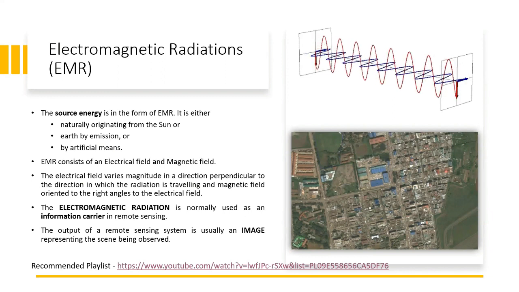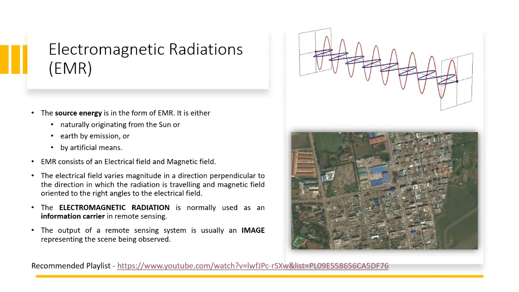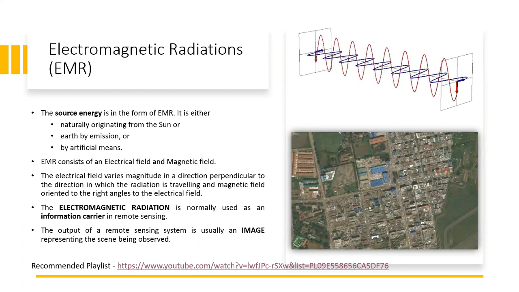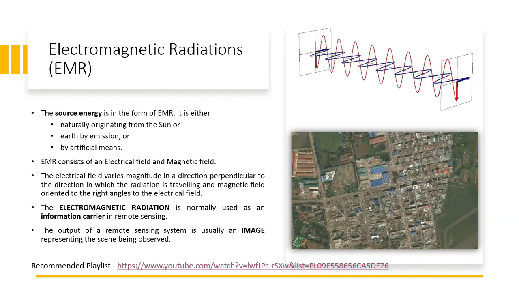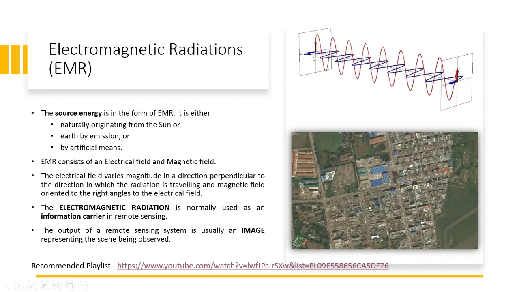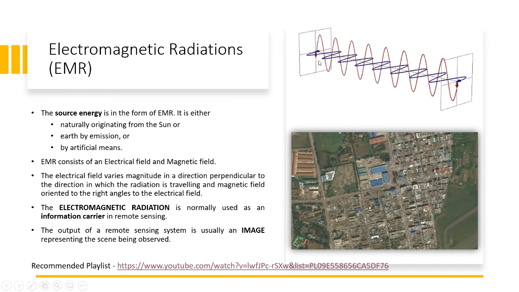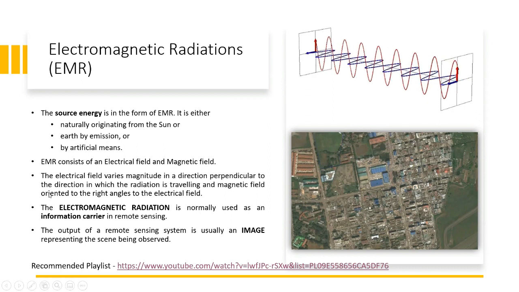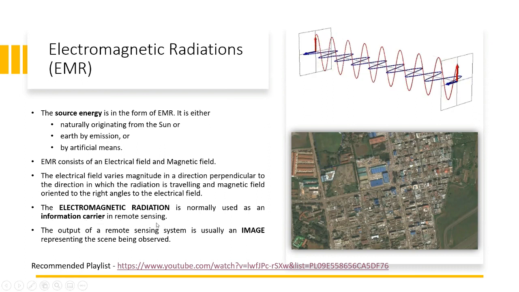These are the three sources of electromagnetic radiation, which help us get data about the objects. Electromagnetic radiations consist of electric and magnetic fields. Here in the GIF, you can see the electric and magnetic fields moving perpendicular to each other, and they are the information carrier in remote sensing.